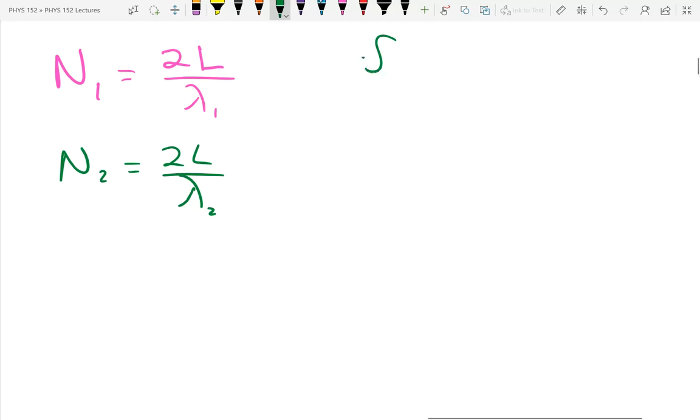I'll start with this. F lambda equals V, right? That's a fundamental rule for us. What's happening to the frequency when I change the speed of light? Clicker question we had within the last 2 lectures.